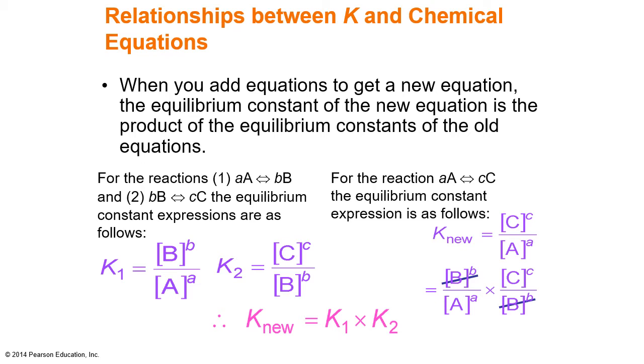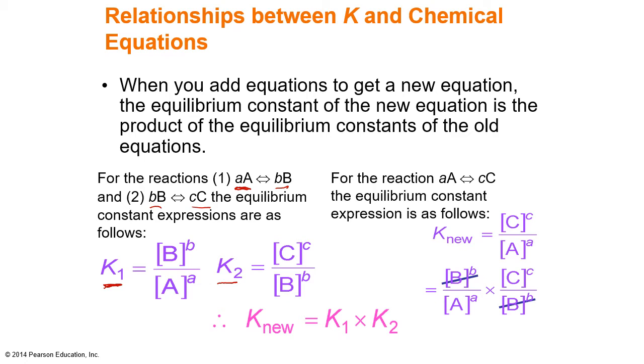So we have an example where we have reactant A yielding B, and then B continues on to C. If we write our equilibrium constant expressions, products over reactants, we would have our equilibrium constant for the first reaction and our equilibrium constant for the second, products over reactants in both cases.